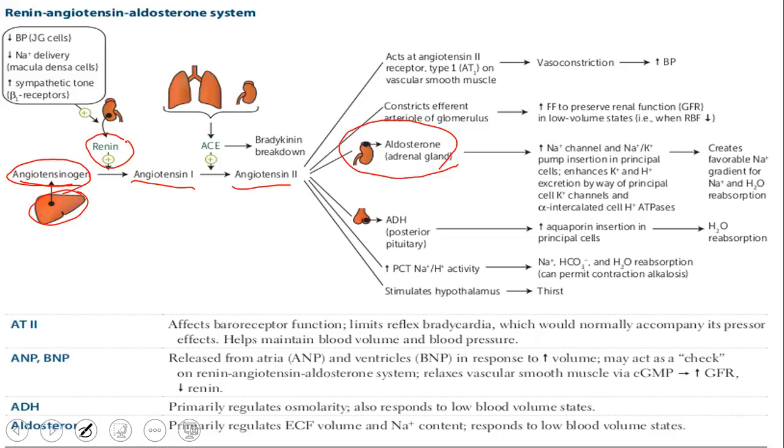Renin, which is released from your kidneys, is going to cleave angiotensinogen into angiotensin 1, and then angiotensin converting enzyme, which comes from your lungs and your kidneys, I guess, converts angiotensin 1 into angiotensin 2, and angiotensin 2 is the thing that activates aldosterone, and aldosterone is what you end up inhibiting with drugs like spironolactone and eplerenone. So that's kind of the point there.